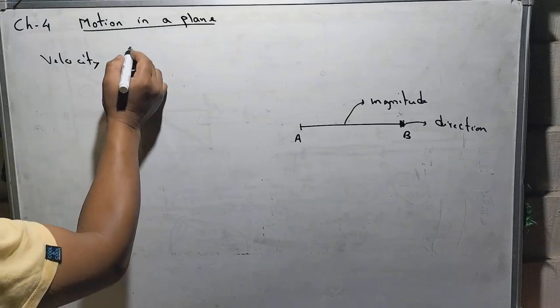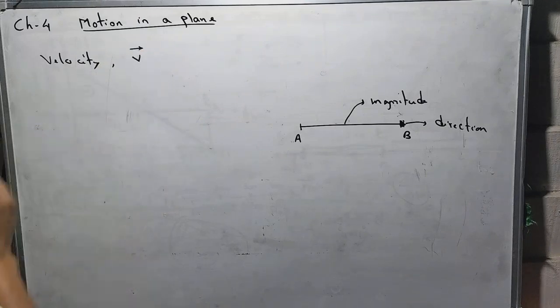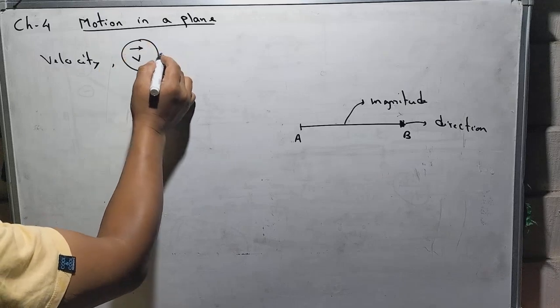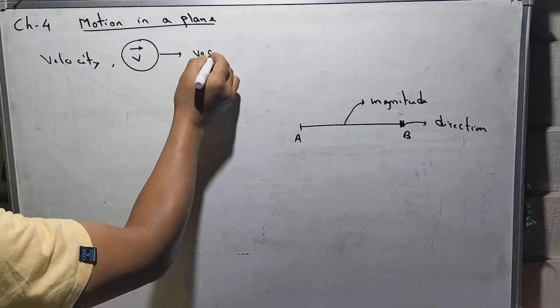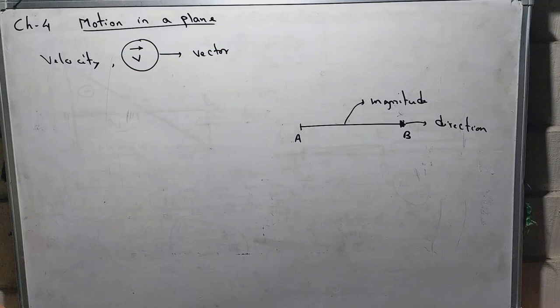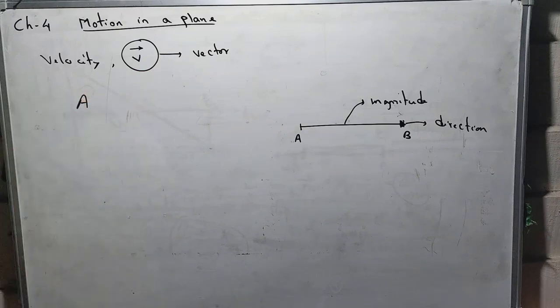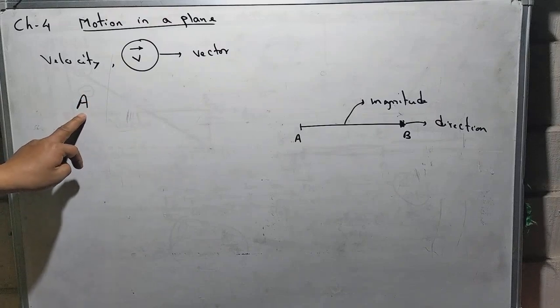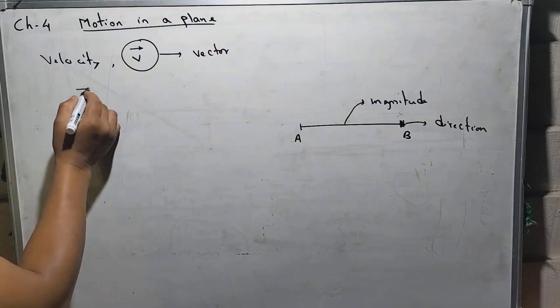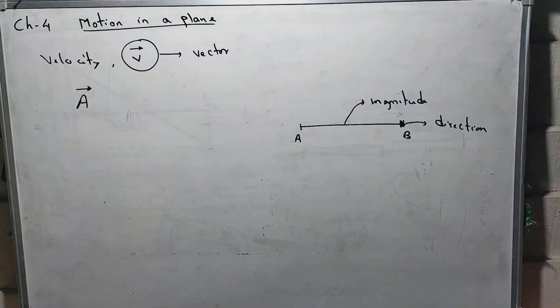But if you write v with an arrow on top, then this gives you the full meaning of vector. So this is my velocity vector. In general, let's say any quantity is represented by A. If A is a vector quantity, then I should write it with an arrow on top of A. This gives you the full meaning of vector.